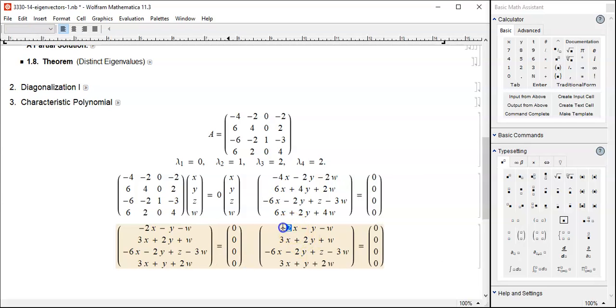Add them up: 3 minus 2, so 1x. Add them up: 2 minus 1, so plus y. And then minus and minus cancel out. We have x plus y equal to 0. Now how about the second row?